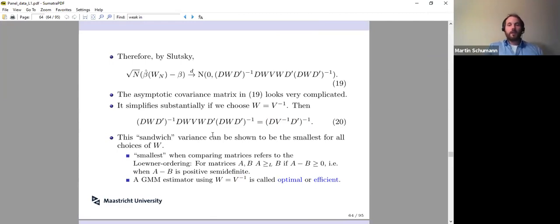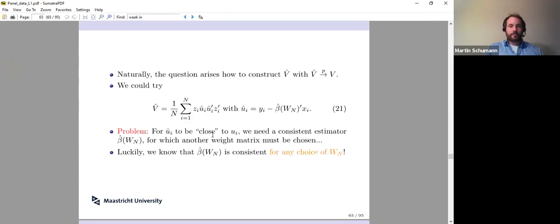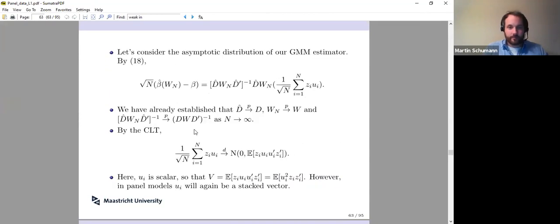Now, of course, the question is, how do we construct an estimator of V, let's call it V hat, such that we get a consistent estimator? Okay, let's try the following. V hat is simply V, so let's take a look at what V was again. So this is what V looks like.